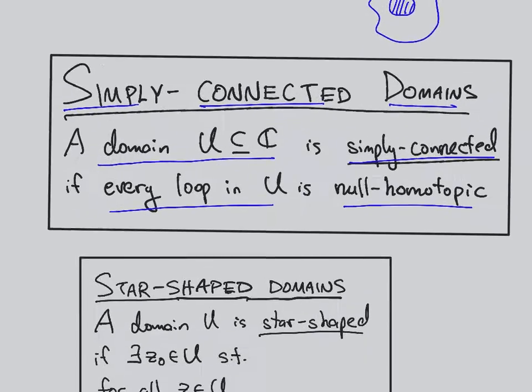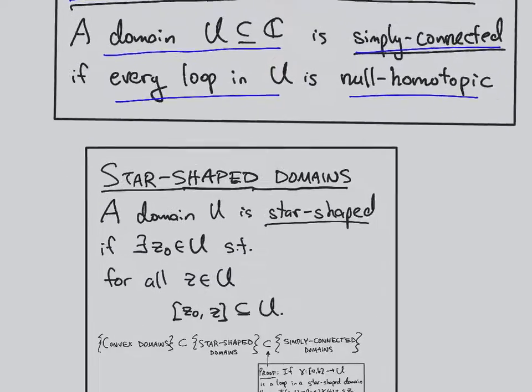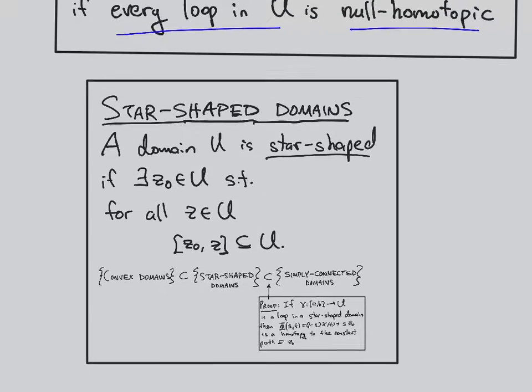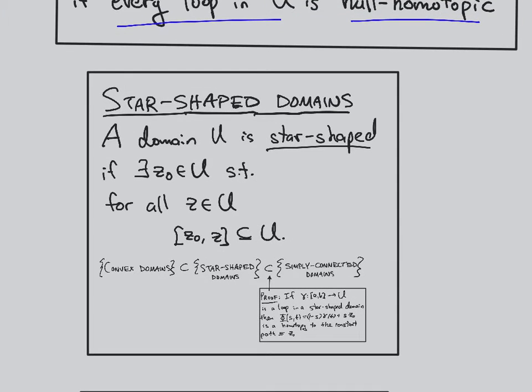It's important to have some easy examples in mind, I think. So let me say something about some domains where it's easy to show that it's simply connected. So a star-shaped domain. Let's see if I can draw a star-shaped domain.